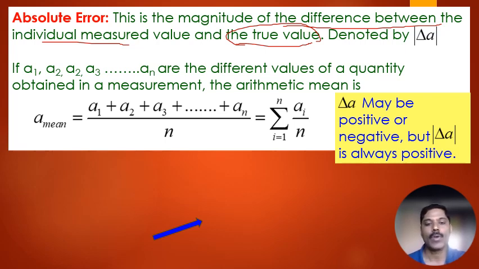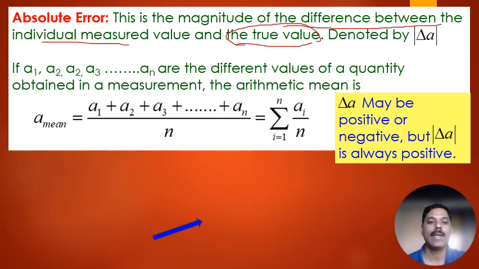In order to reduce the error, we usually take the average of a number of measured values. That means the same physical quantity will be measured using an instrument 5 or 10 times, and finally we take the average of those values, and that average value will be treated as the true value if we are unaware of the actual value of the physical quantity.